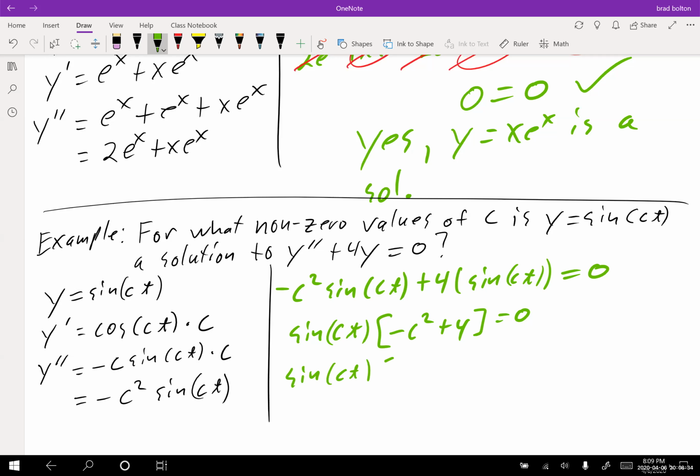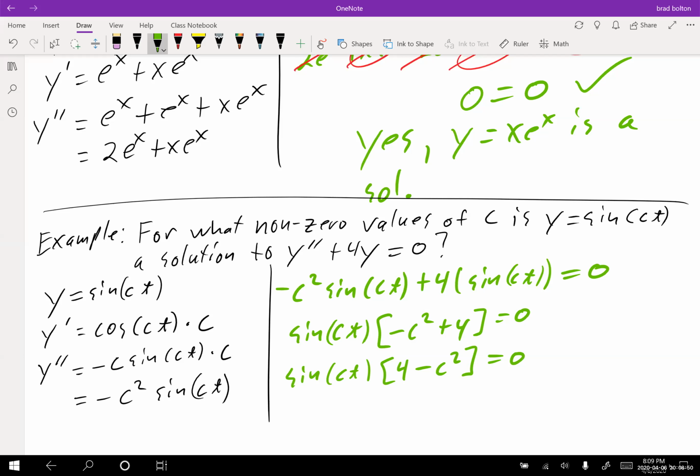Oh no, you know what I want to do? Let's just do 4 minus c squared equals 0. Now, here's the thing. When we look at this, sine ct is a little bit of a problem for me.